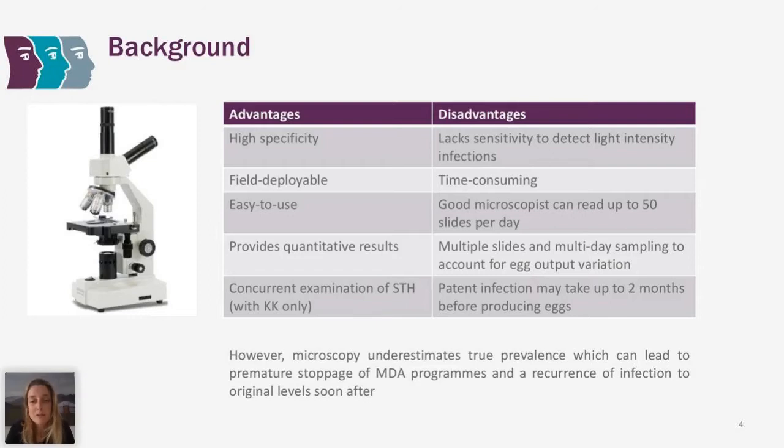And by stopping prematurely, it leads to recurrence of infection to original levels soon after. However, as Lieven will show in his presentation, there are current methods to try to improve these microscopy tools as well.